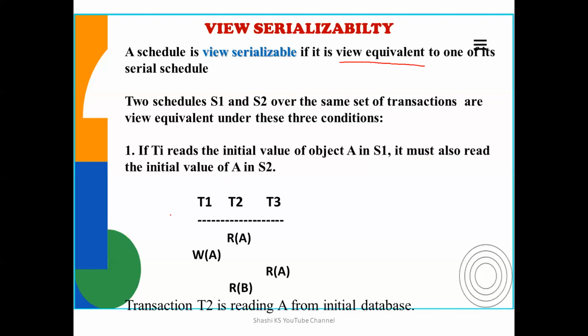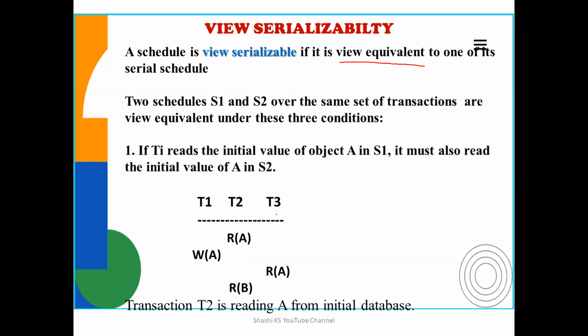Say for example, here you have three transactions, T1, T2 and T3. Who is performing the initial read operation? There are three read operations here, so you have to see the initial read operation on all the data items. There are two data items here, data item A and data item B. Transaction T2 is doing the initial read operation.